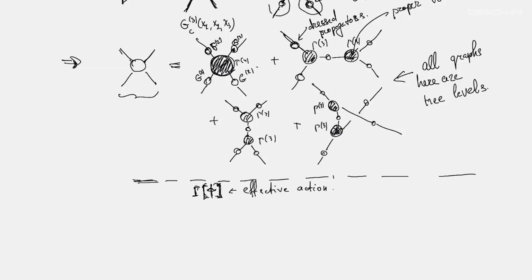So in a way, what we managed is to rewrite the whole theory as a tree-level theory. It's like a classical theory, but with an infinite number of interaction vertices represented by these gammas. So we have only propagators and vertices, but the number of these vertices is infinite. But we have only tree-level graphs. So all the divergences now are hidden in these gammas.